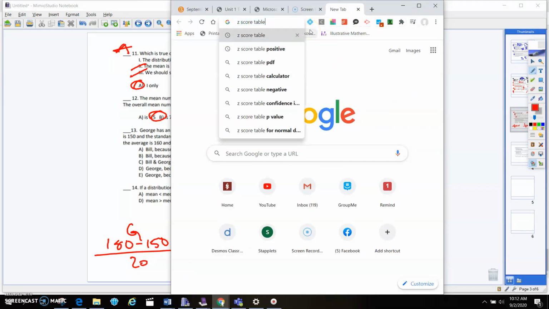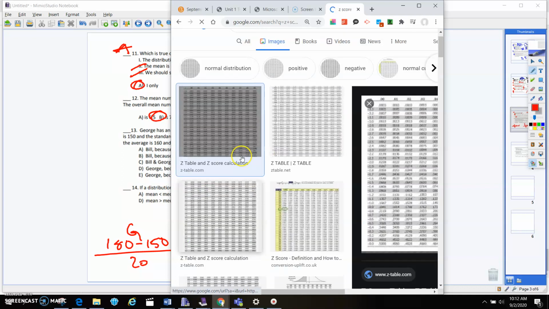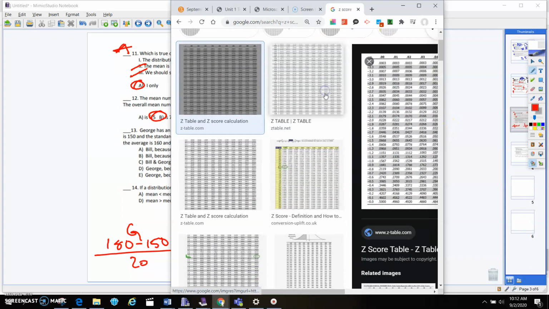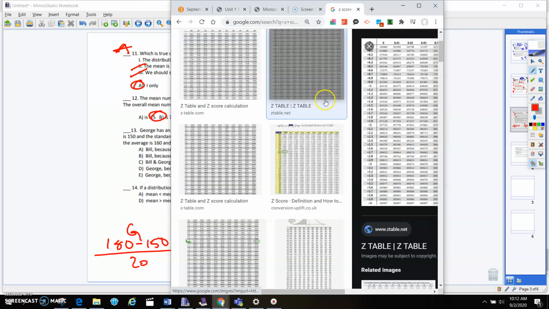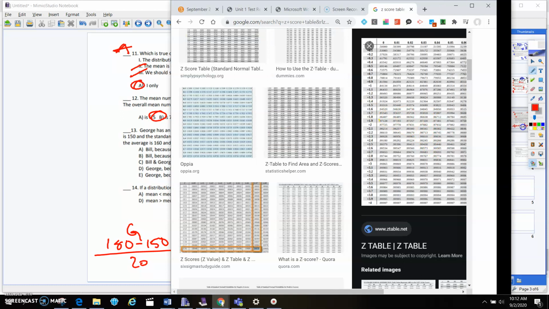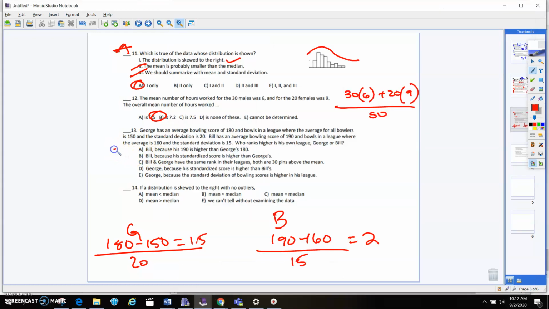Z-score table. Okay, this is a negative one. That's positive. .97 versus 0.93. Right? 0.97 versus 0.93. So we know that Bill is going to be larger, right?